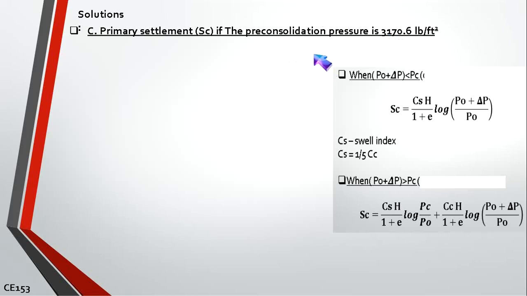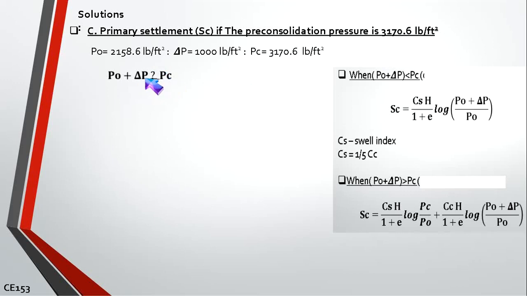So, the same, the previous example natin, sa letter B, first is we need to identify if PO plus delta P is greater or less than our PC. So, given lahat yan, so yung PC naman natin ngayon is 3,170.6. So, we need to identify if this is greater or lesser than PC.